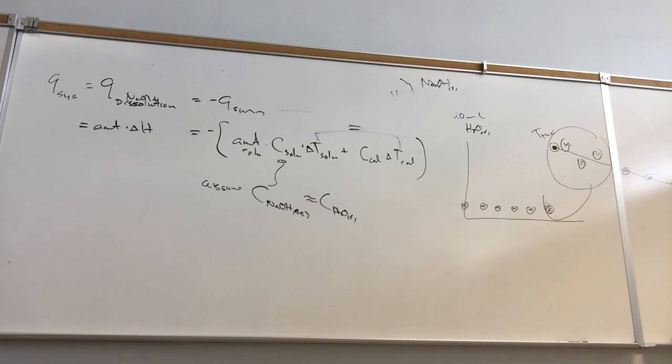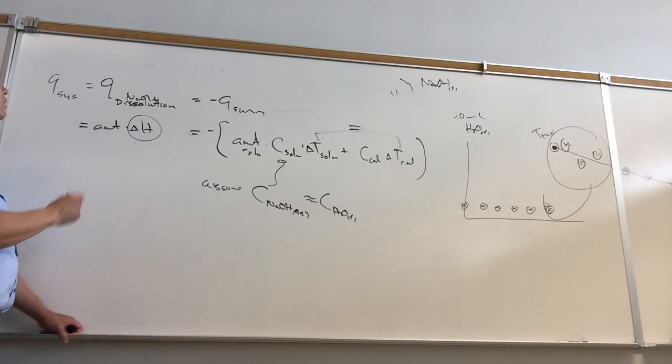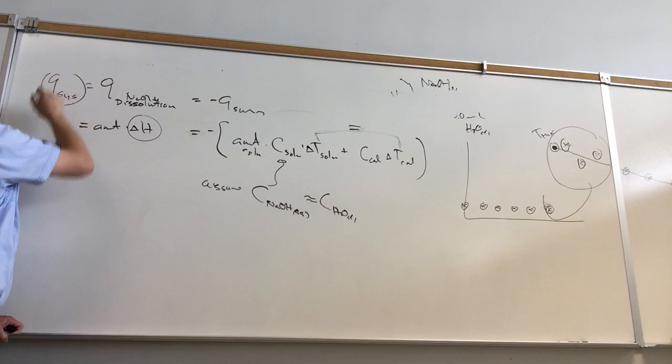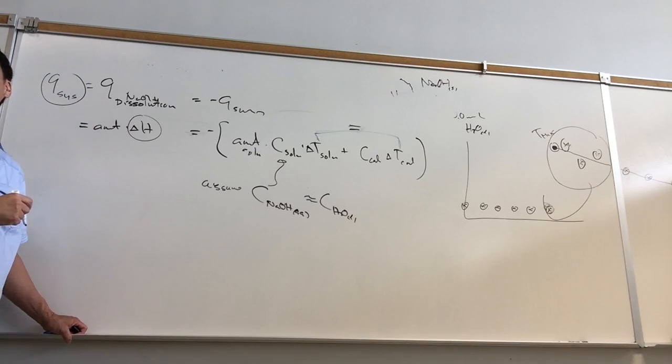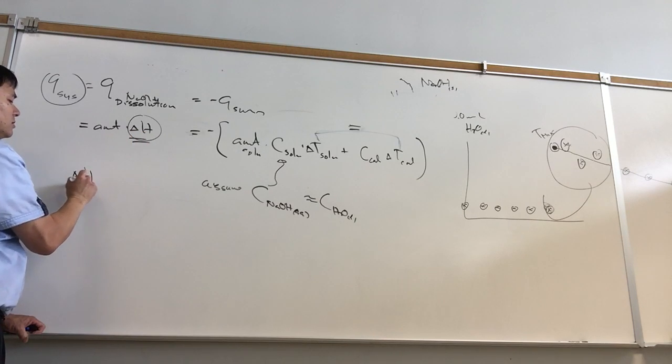And then you know what we're going to solve for? We're going to solve for Q, and then we're going to solve for delta H. And so what we're going to get is delta H of dissolution.